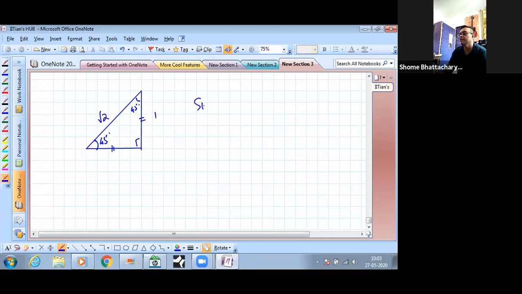So you know that sine 45 degrees becomes equal to cos 45, which is 1/√2, and tan 45 is equal to cot 45, which is unity. Okay. So these three types of triangle should cover everything. The 30, 60, 90 type of triangle, the 37, 53, 90 type of triangle, and the 45, 45, 90 or the isosceles right angle triangle. This is also called the isosceles.